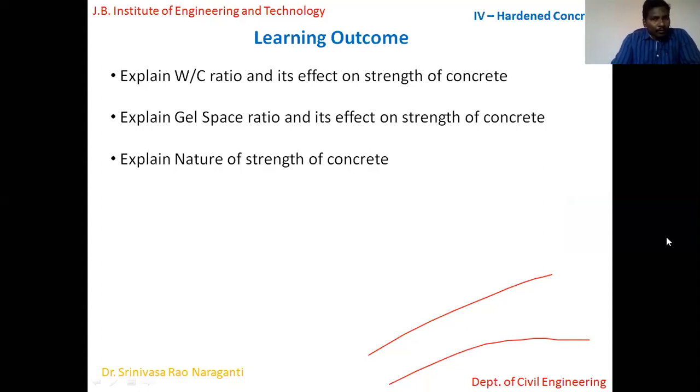You will also be able to explain the gel space ratio and its effect on the strength of concrete, and to find the strength of the concrete based on the gel space ratio. In addition, you'll be able to explain the nature of the strength of concrete, in the sense of how concrete gains strength with time. So all these three aspects you'll be able to explain after going through this module.